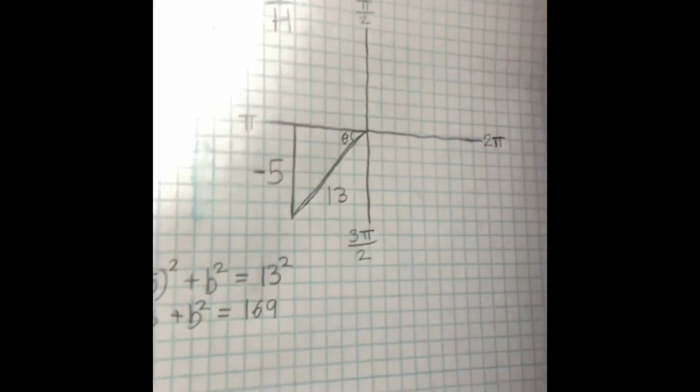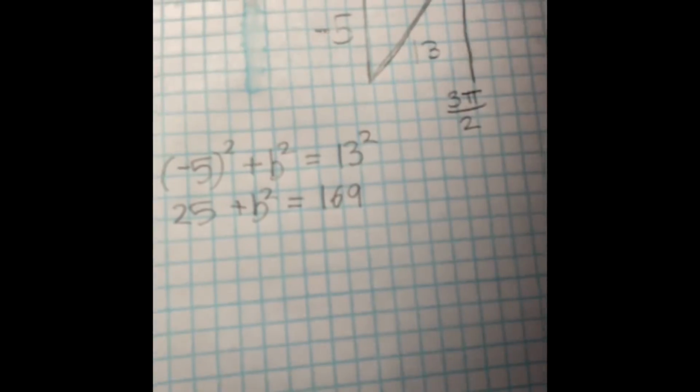And then you want to get b squared alone, because that's the adjacent side we were trying to solve for. So you subtract 25 on both sides, and you get b squared is equal to 144.